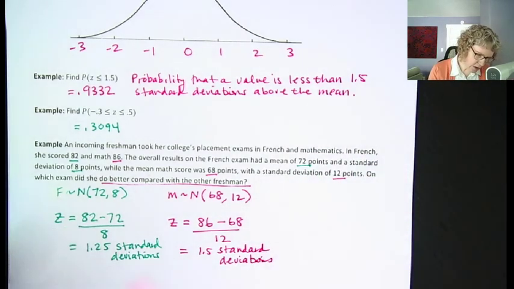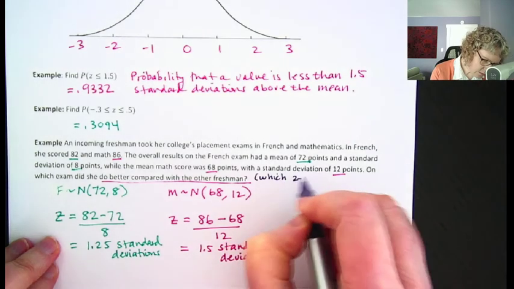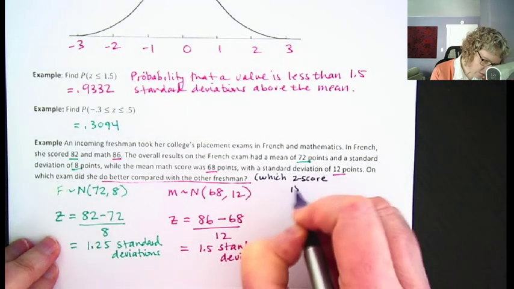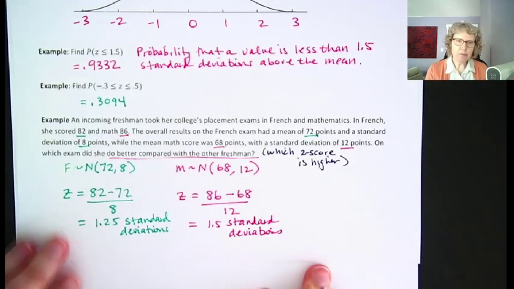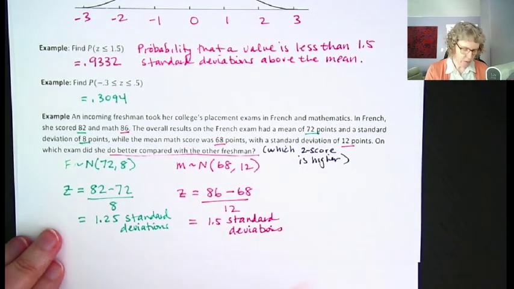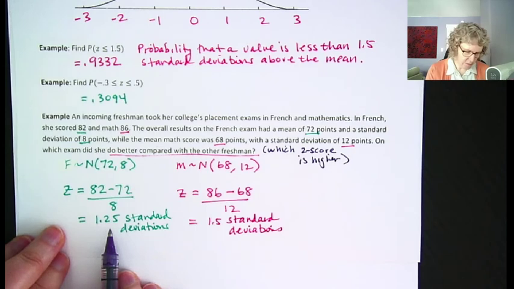So which z-score is higher? Okay, so in French, she scored 1 1/4 standard deviations above average, above the mean.